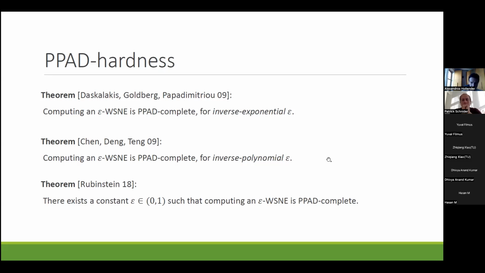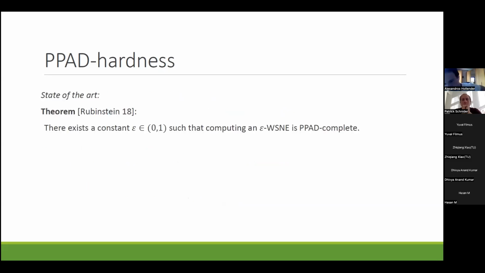So this was the state of the art before the introduction of the PureCircuit problem. Now, if you look at this statement, it does tell you that the problem is hard for some constant. So it tells you that there's no PTAS, no polynomial time approximation scheme.